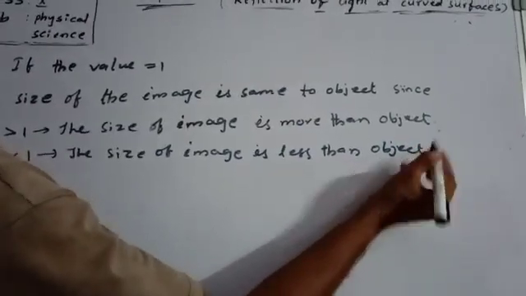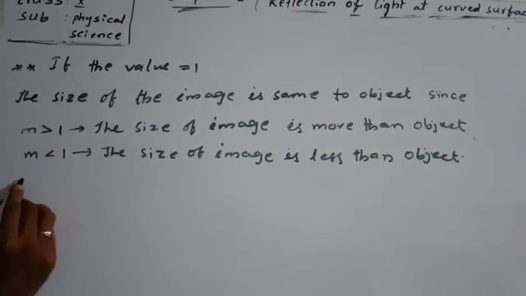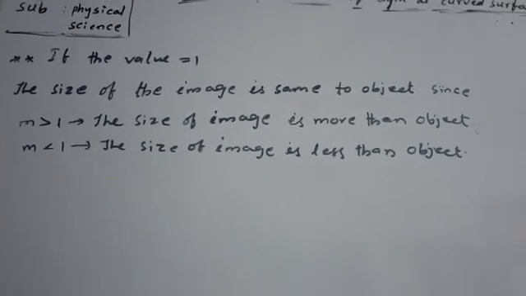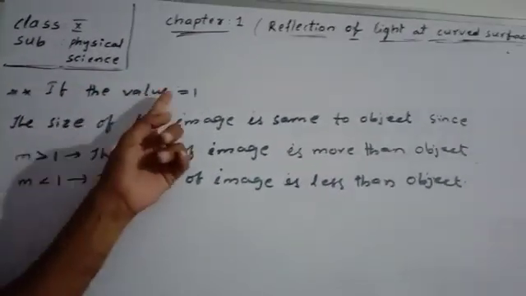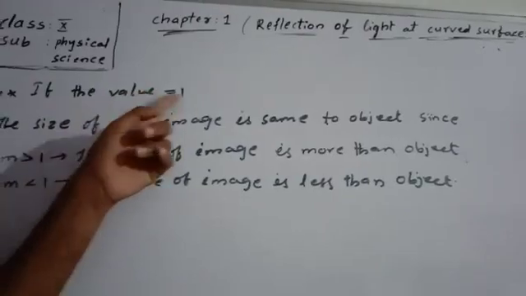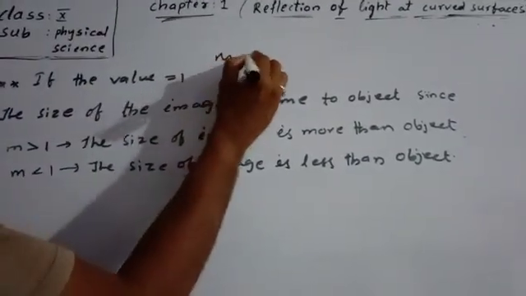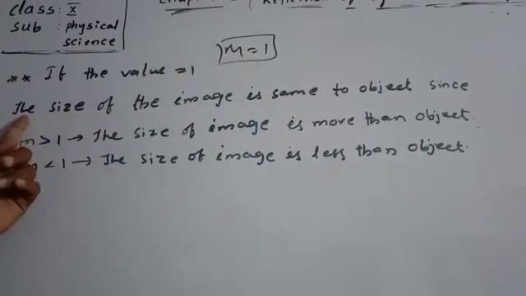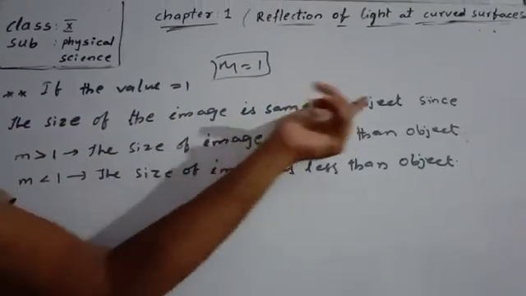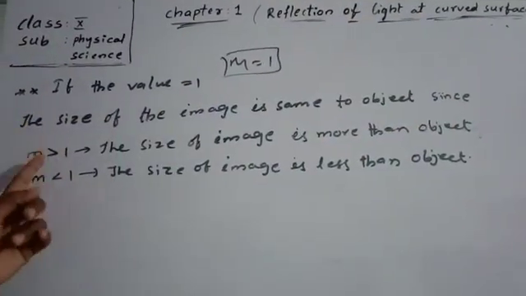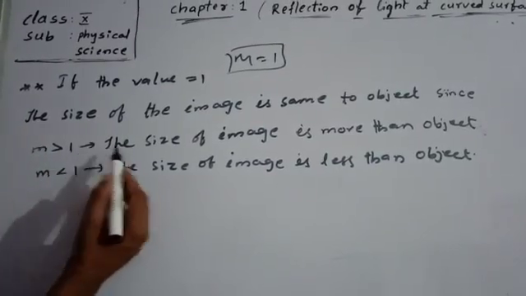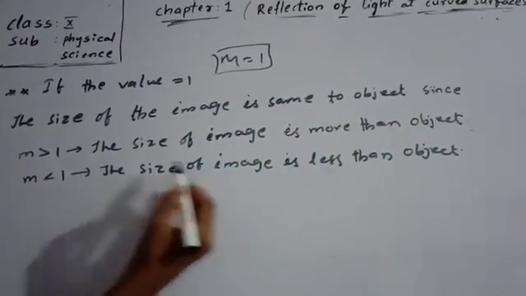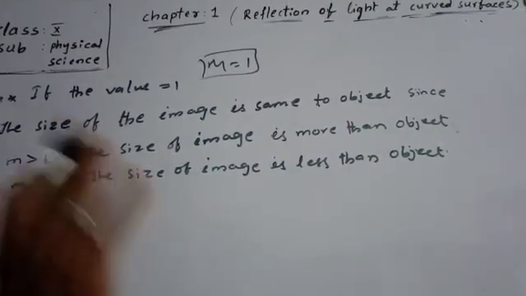Very important point. These you have to remember. If m value is equal to 1, then the size of the image is same as object. M greater than 1, the size of image is more than object. If less than 1, the size of image is less than object.